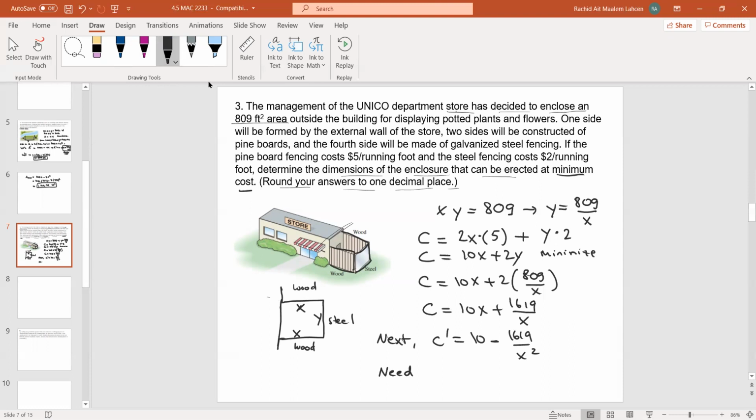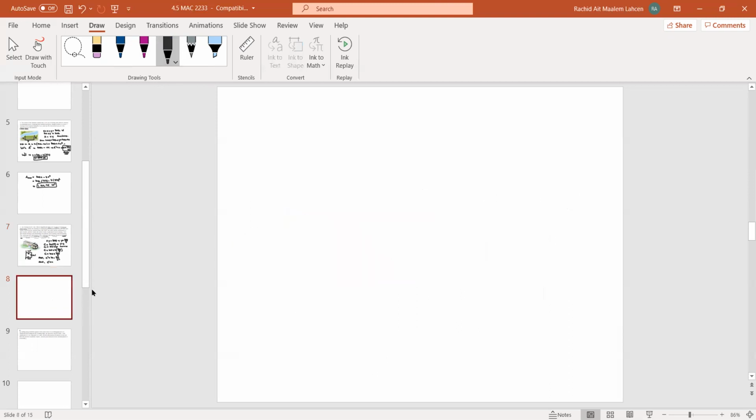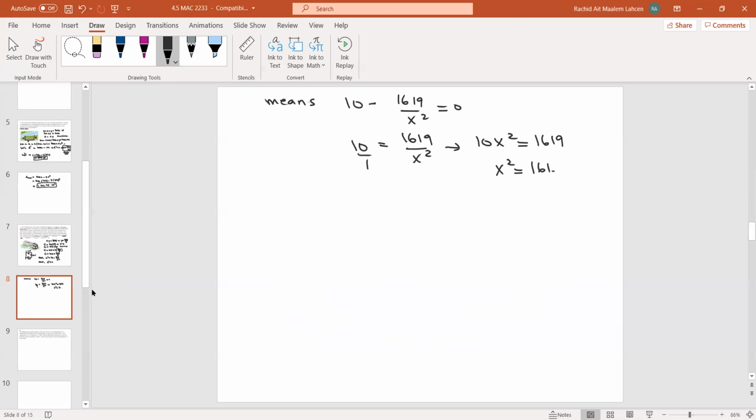We need to check C prime equals 0. So that means 10 minus 1618 over x squared equals 0. So like the 4.4 example, you set it, and that's 10x squared equals 1618, so x squared is 161.8.